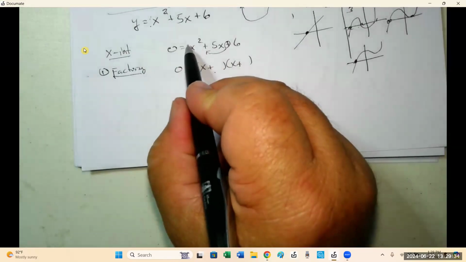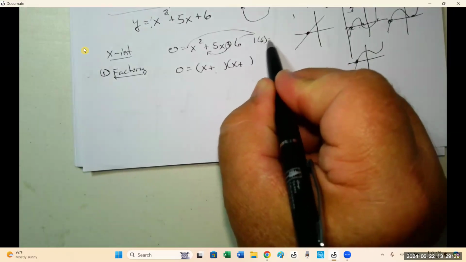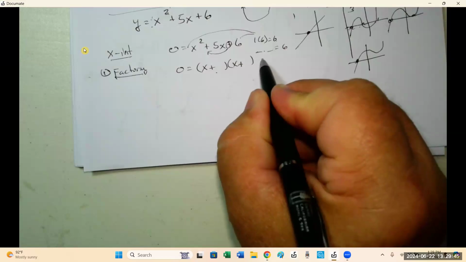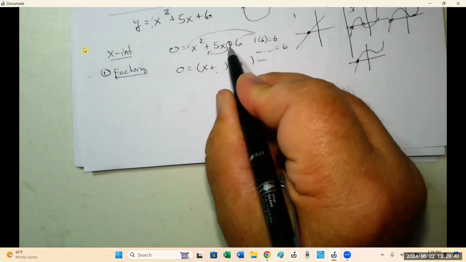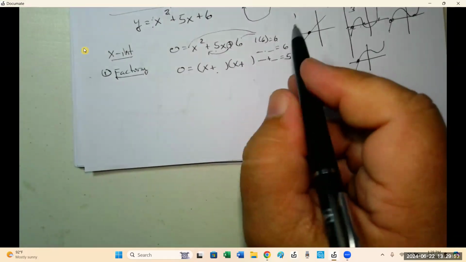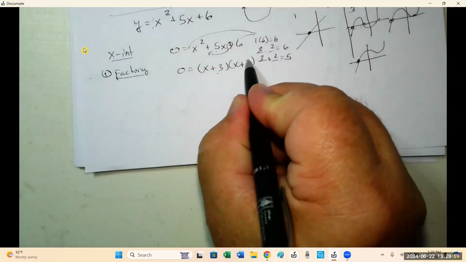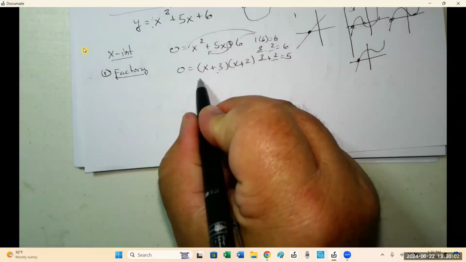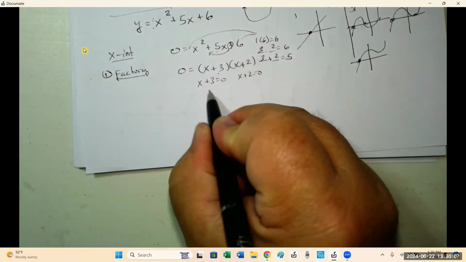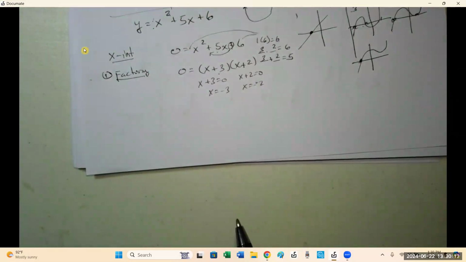Then to find the numbers, take a times c, which is 1 times 6 equals 6. Then figure out two numbers that multiply to equal 6, and that when you add them, you get the middle number. So 3 times 2 is 6, 3 plus 2 is 5, and it doesn't matter where they go. Then I set them both equal to 0. So x is equal to -3, x equals -2. Those are my solutions.